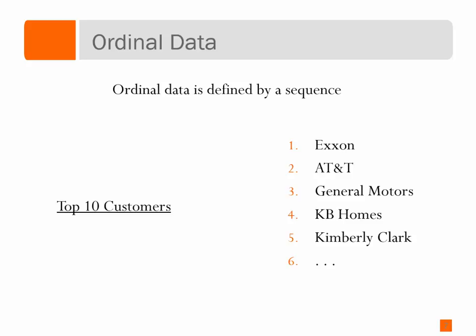So Exxon might be $100 billion in revenue. AT&T might be $98 billion. General Motors might be $89 billion. KB Homes might be $70 billion. Kimberly-Clark might be $50 billion. And so we might have a sequence of our top 10 customers, but their revenue amounts may not be equally divided.